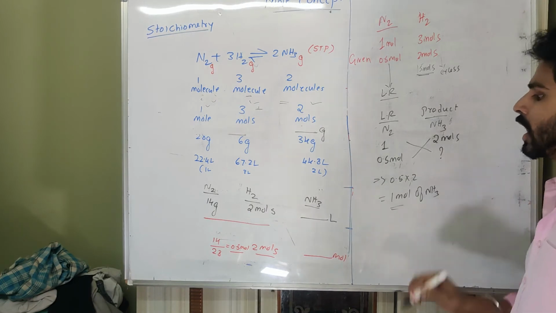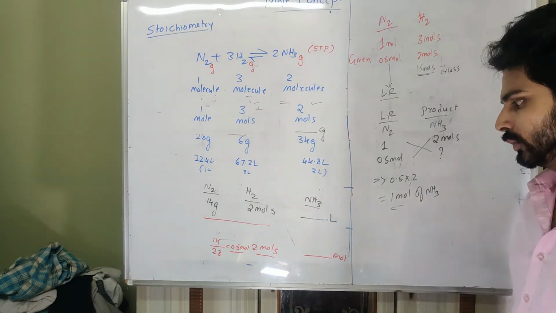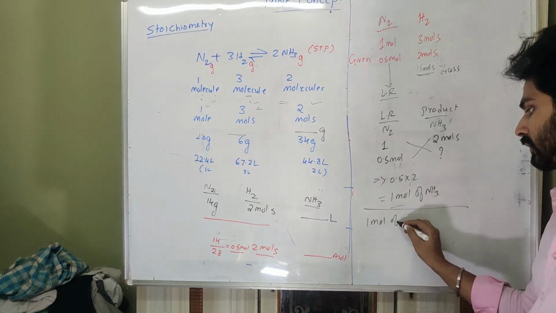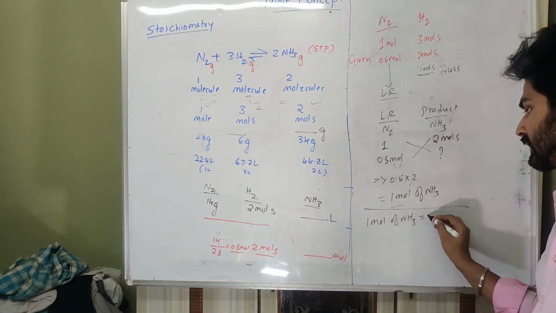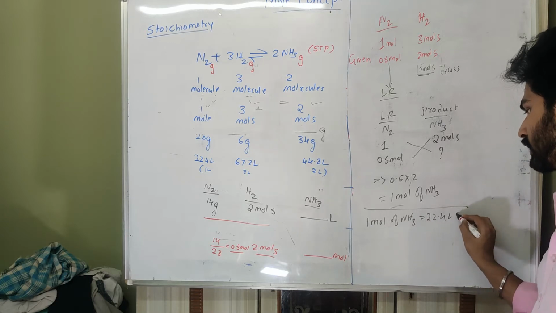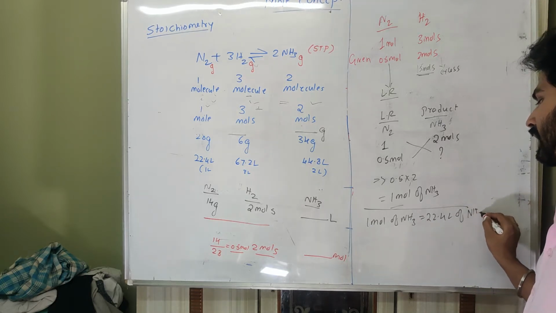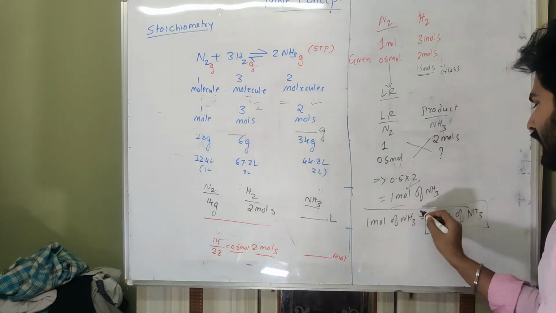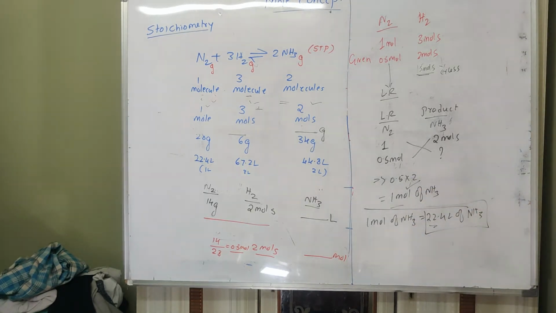What is asked is in terms of volume, and we know that 1 mole of any gas at STP occupies 22.4 liters. Since we got 1 mole, we can express the answer as 22.4 liters of ammonia.